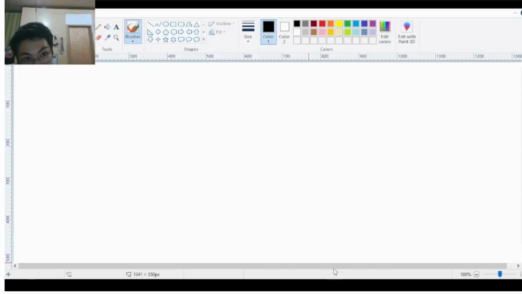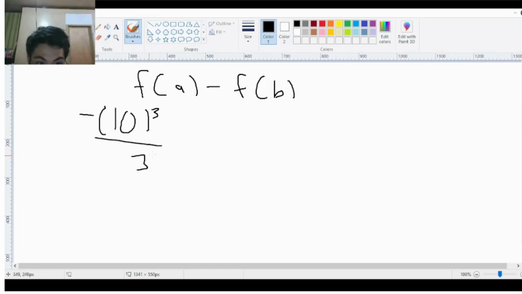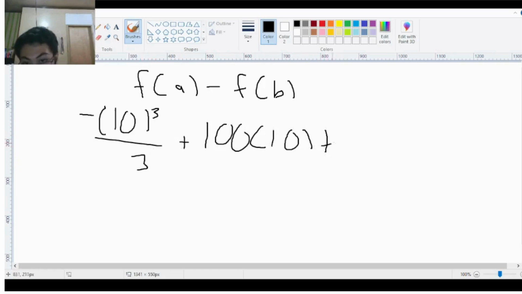So with the equation, we can actually now calculate the upper limit and the lower limit. So it's actually something like this. Basically, f of a being the upper limit and f of b being the lower limit. So we actually subtract the two. So that would be negative 10 cubed over 3 plus 100 times 10 plus c.